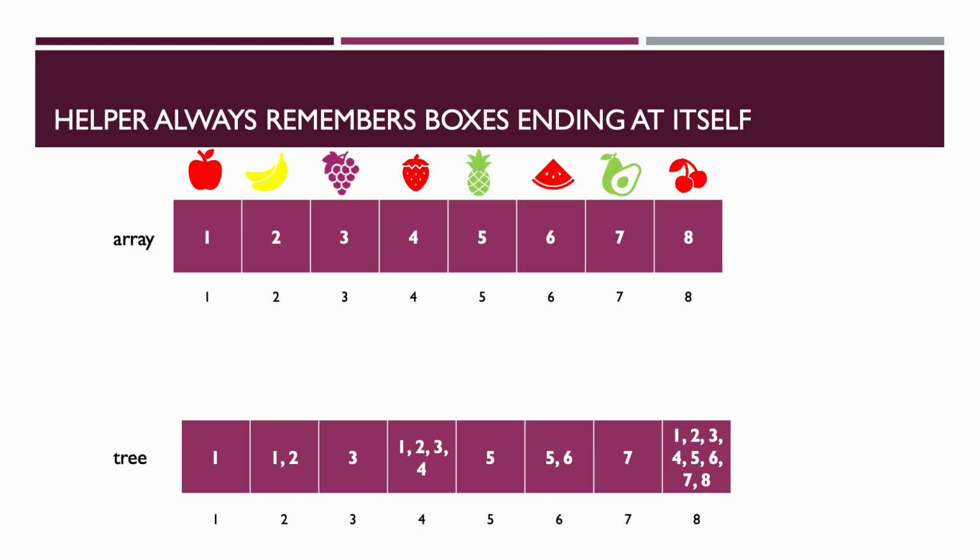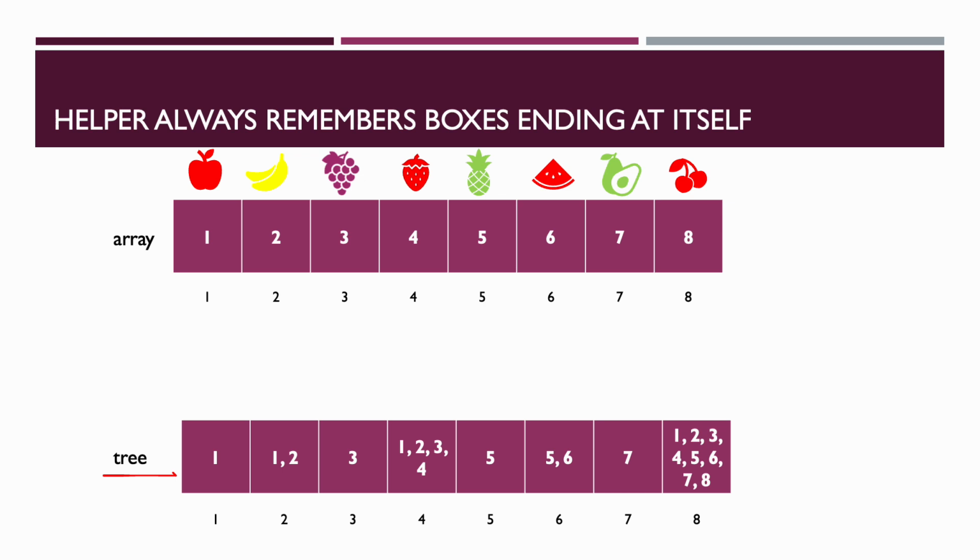I will come to a little bit more explanation, but let's first see what we are trying to talk about here. Remember from the previous slide as well, we were saying that the helper, which is the Fenwick tree here, is always going to remember boxes ending at itself.